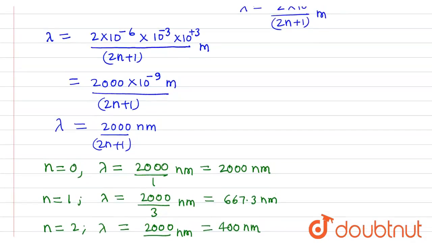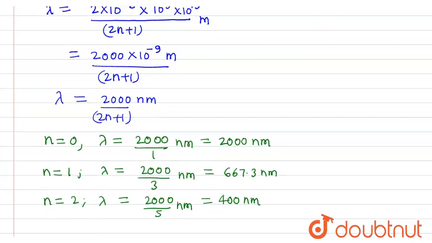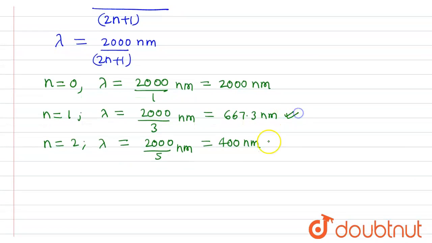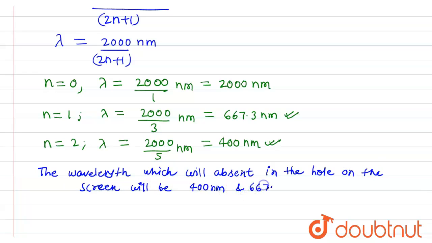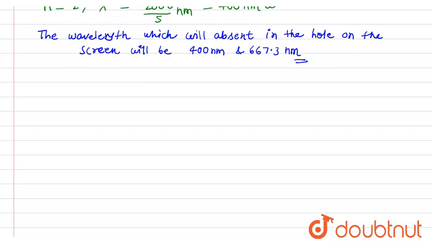So in the given question, we are asked which wavelength will be absent. So the wavelengths that will be absent in the hole on the screen will be 400 nanometer and 667.3 nanometer.